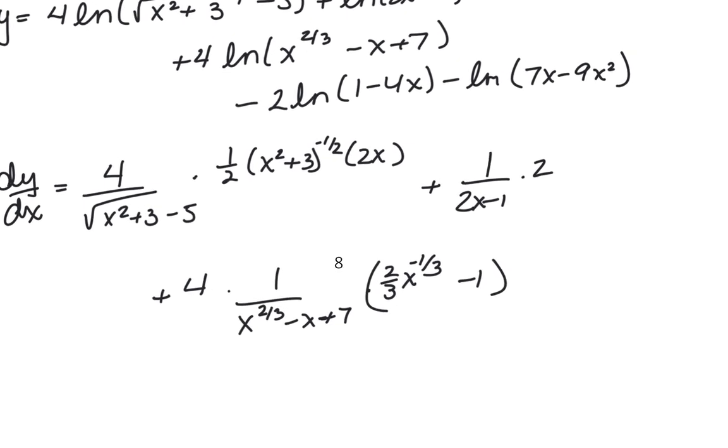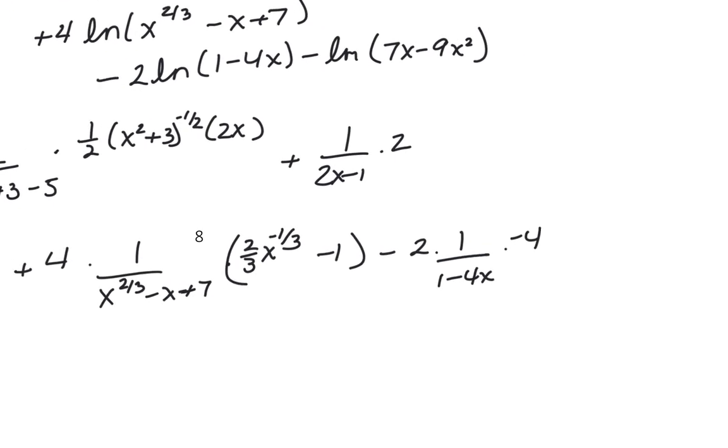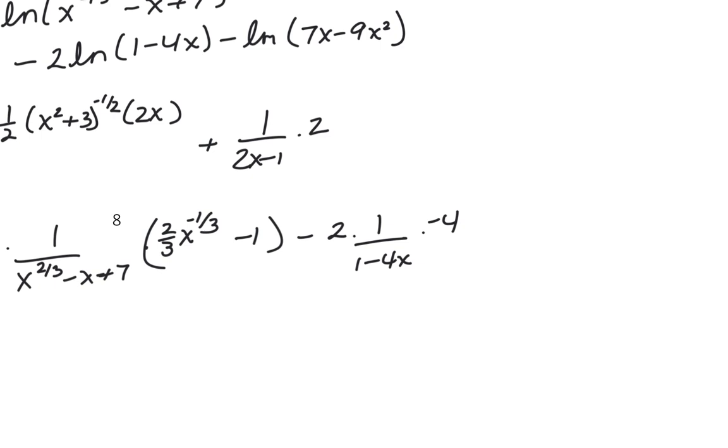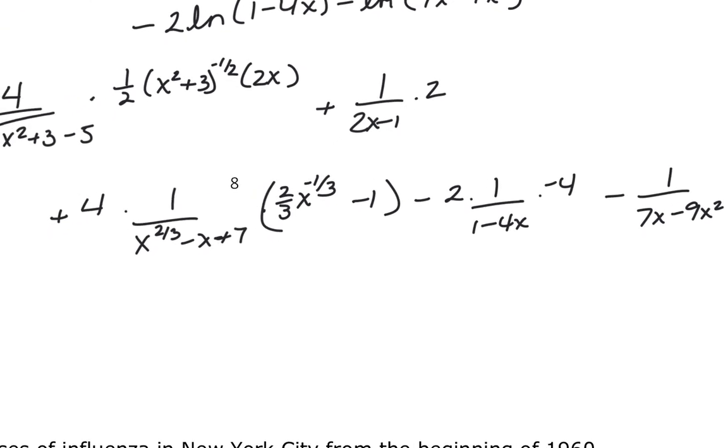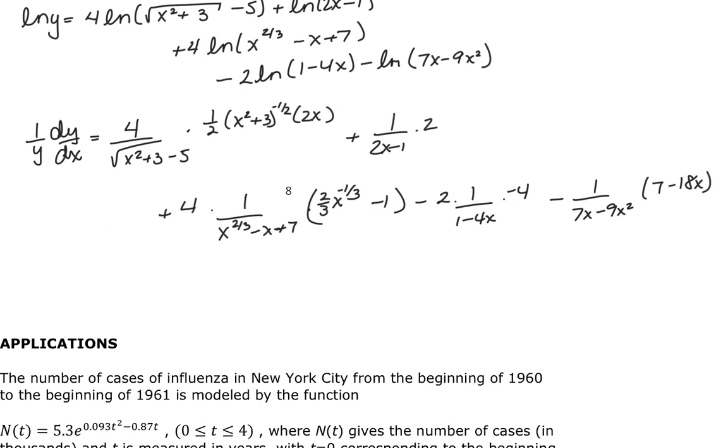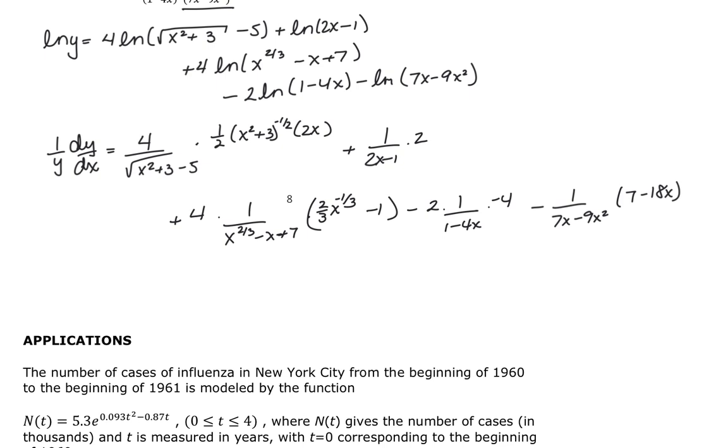And then I'm going to have minus 2 multiplied by 1 over 1 minus 4x multiplied by a negative 4. And then my last term is going to be minus 1 over 7x minus 9x squared multiplied by 7 minus 18x. All right, there is the entire lovely derivative, with exception of I still need to multiply by y.